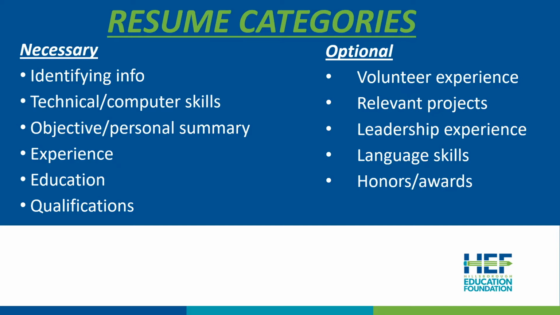And then any type of experience that you had, your education, or what qualifies you for the position that you're applying for. Some of the optional information to include would be your volunteer experience, some relevant projects that you may have worked on, some leadership experience, language skills, and any type of honors or rewards that you may have received.